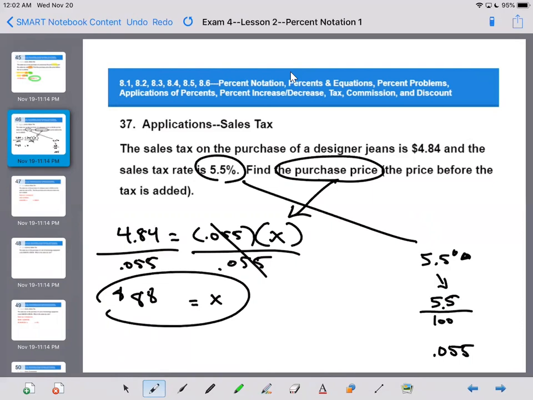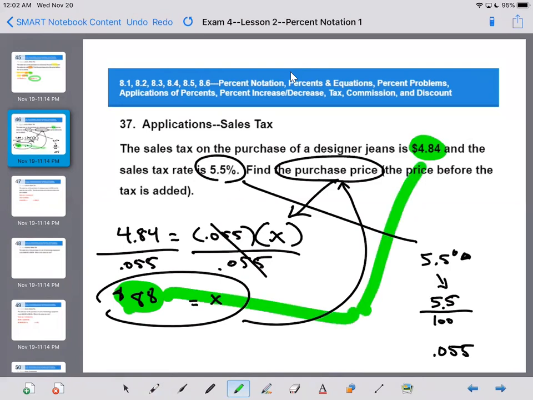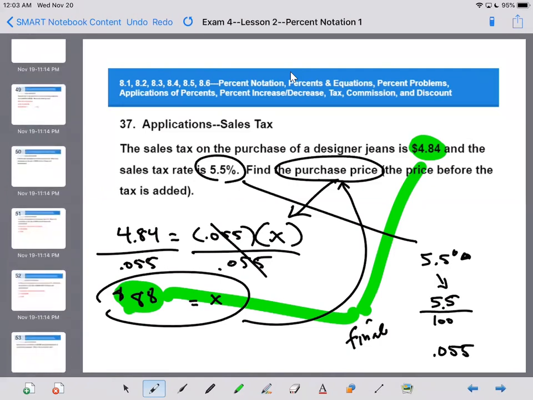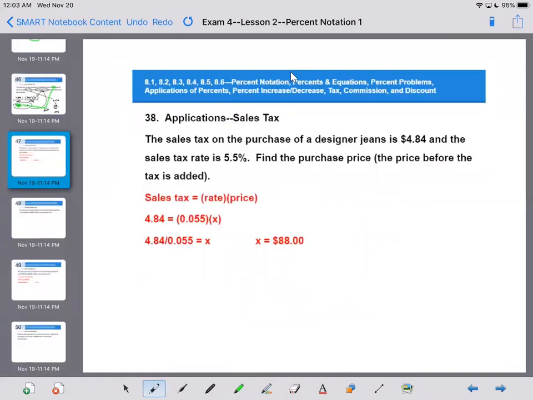That was the purchase price before we took into consideration what the sales tax would be. So understand that, and eventually we would take the $88 and add the sales tax to get a final price. Okay, and so that's what I'm talking about here, and kind of go through the steps using an equation to do that.